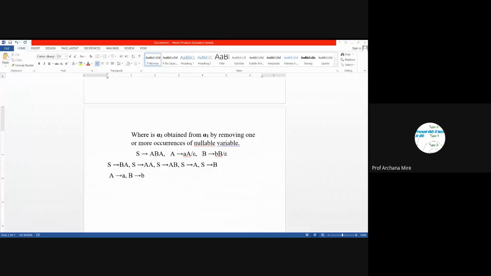Now, once we have inserted all possible production rules, we are getting a new grammar. Next we will remove all the production rules which are leading to epsilon. So here this is our grammar. Let's rearrange it.